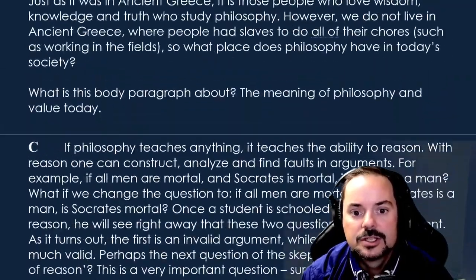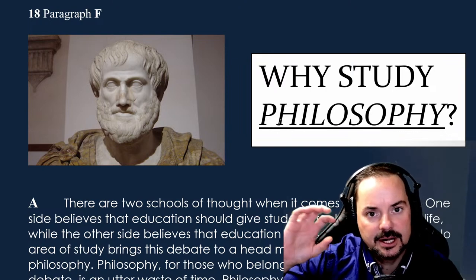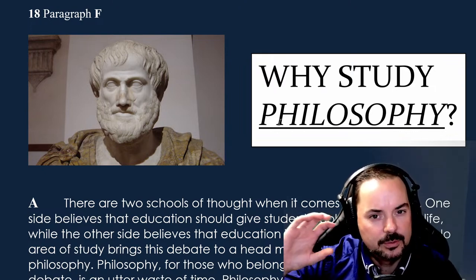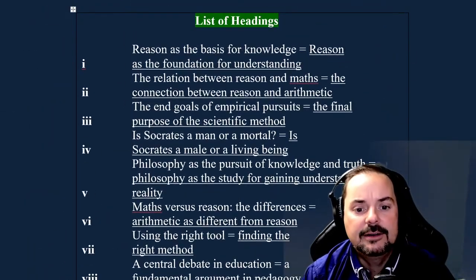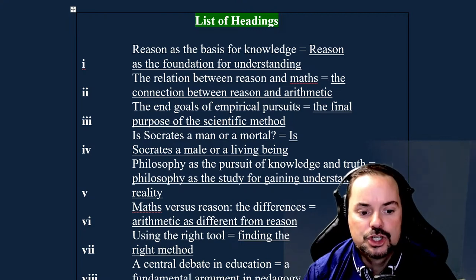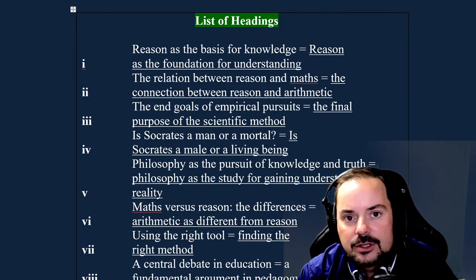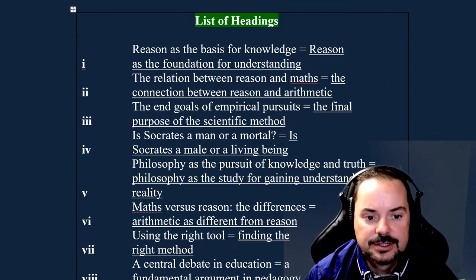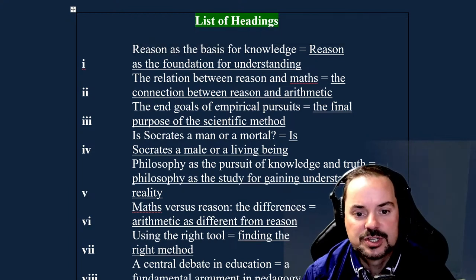Yes. If you don't get it the first time, you have to be careful. And this is where, at home, you really want to make sure that you're getting the right concept of each paragraph. Have a look at the choices and see which one matches using the right tool for a situation. So first one, reason as the basis for knowledge. We just had that with Domenico.